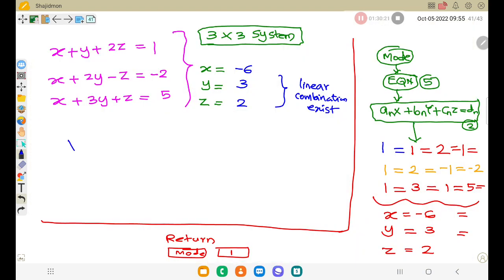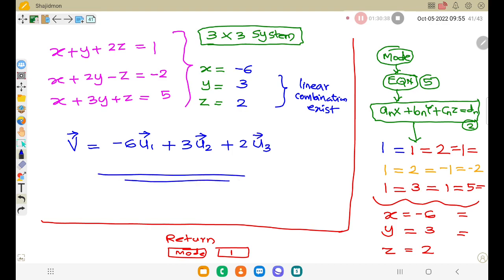So we are writing the answer, vector V equals x, that is -6, multiplied by vector u1, plus y, that is 3, multiplied by vector u2, plus z, that is 2, multiplied by vector u3. This is vector V as a linear combination of u1, u2 and u3. That means we are representing vector V in terms of the vectors u1, u2 and u3. That is the meaning of linear combination.